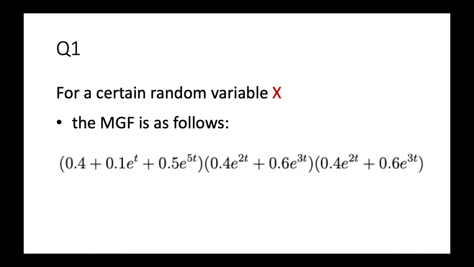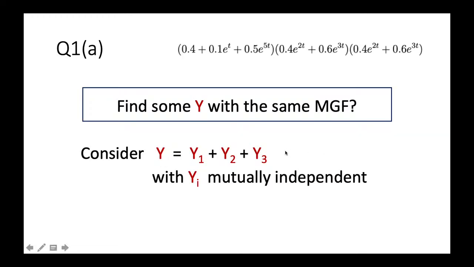First of all, let's try to find another easy to understand random variable such that the moment generating function is the same. So let's design a random variable y with the same MGF. If we analyze this MGF, it is the product of 3 terms, and each term is regular.